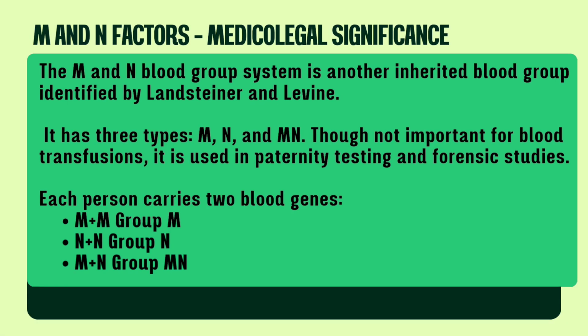Third type of blood system: M and N factors, medico-legal significance. The M and N blood group system is another inherited blood group identified by Landsteiner and Levine. It has 3 types: M, N, and MN. Though not important for blood transfusions, it is used in paternity testing and forensic studies. Each person carries 2 blood genes: M plus M is group M, N plus N is group N, M plus N is group MN.